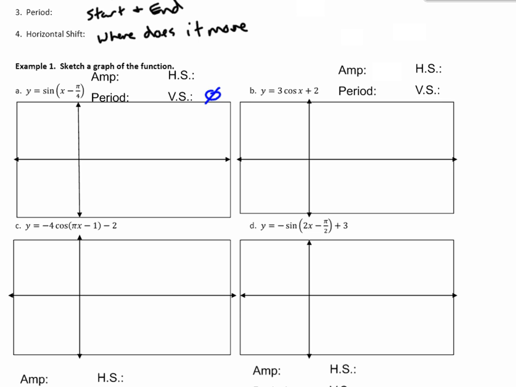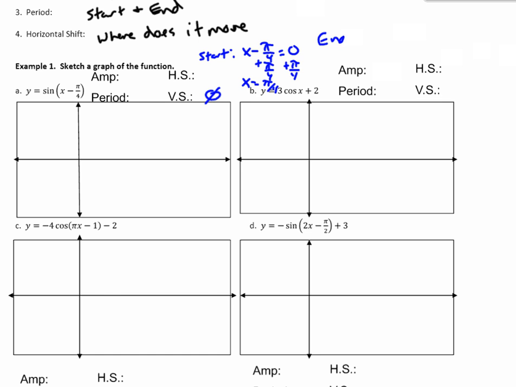Horizontal shift: I need a starting point, and so that's x minus pi over 4 equal to 0. I'm going to add pi over 4 to both sides, and I get x equals pi over 4. Then I also need an ending point for that horizontal shift.